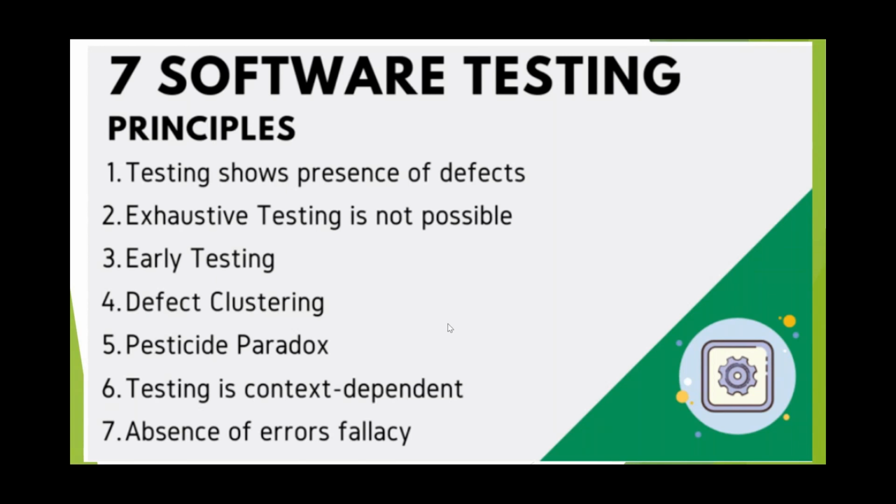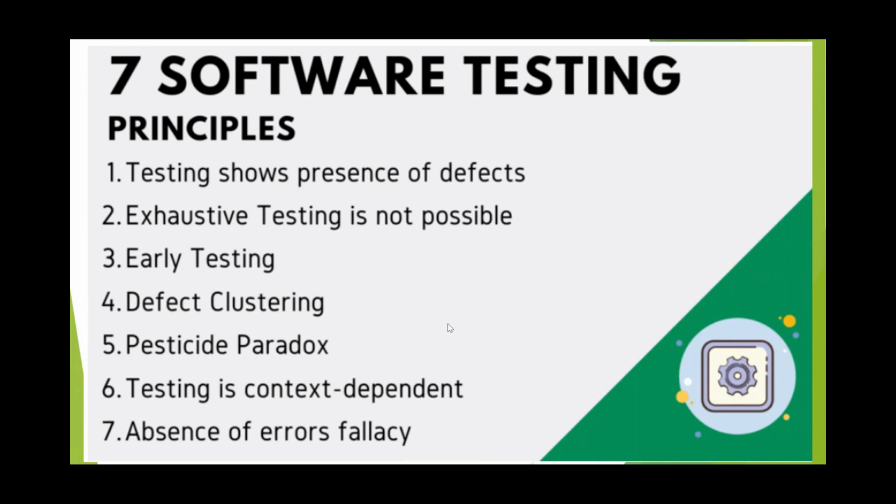In a similar way, if the same test is repeated again and again, eventually the same test will no longer be able to find any defects. You got this context, right?